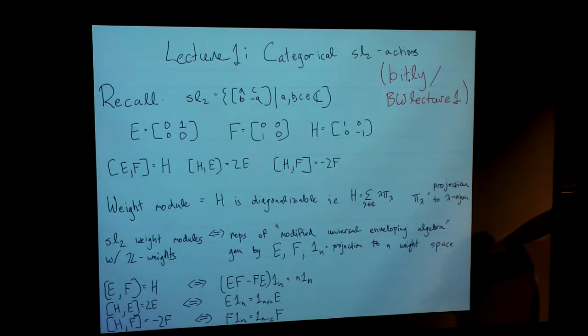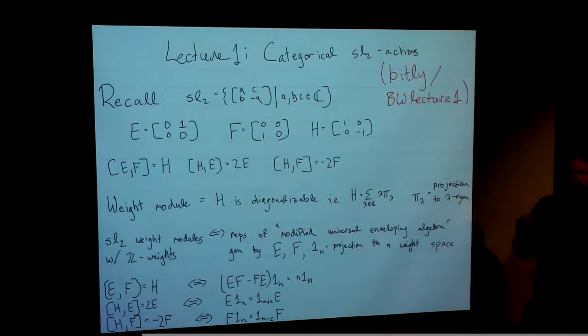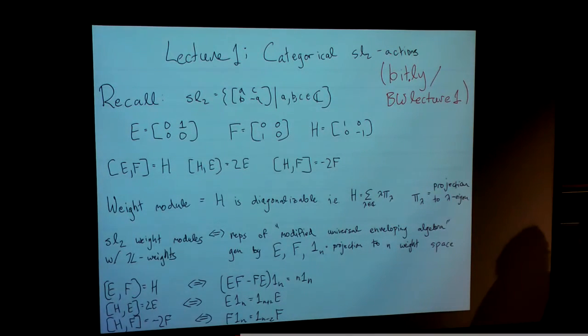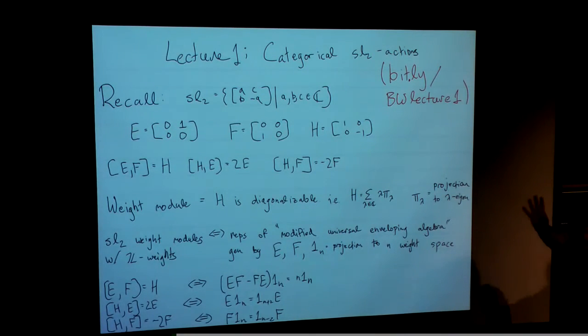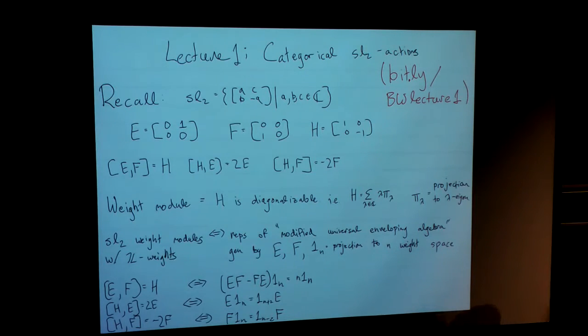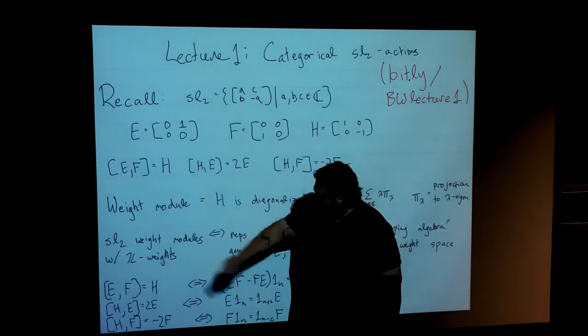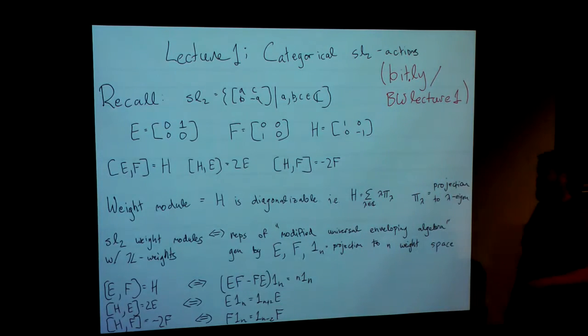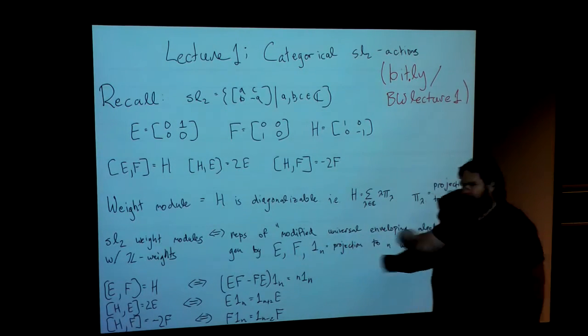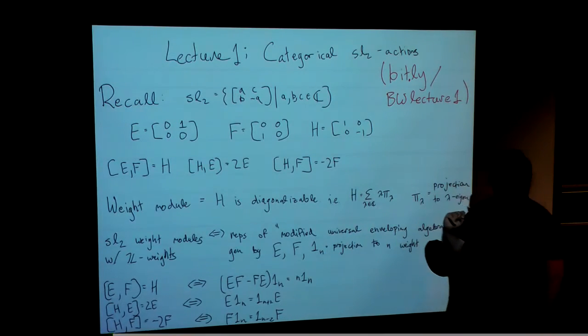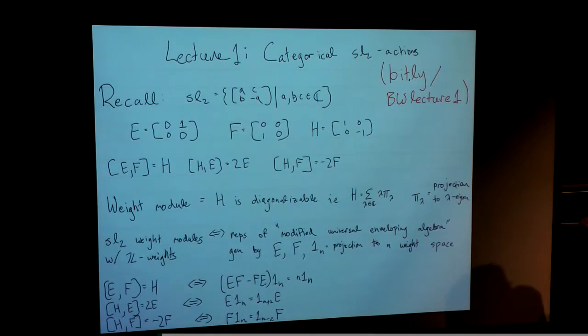Now, in this case where H is diagonalizable, you can actually think about SL2 representations in a different way, which makes more sense for categorification. People usually turn from thinking about SL2 modules where H is diagonalizable with integer eigenvalues to representations of an algebra where I have E and F and then a bunch of idempotents, called 1 sub n.